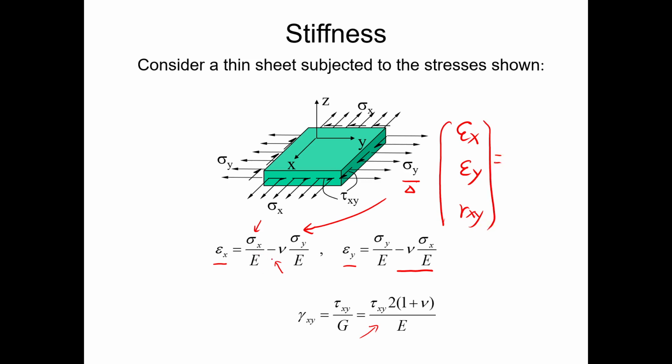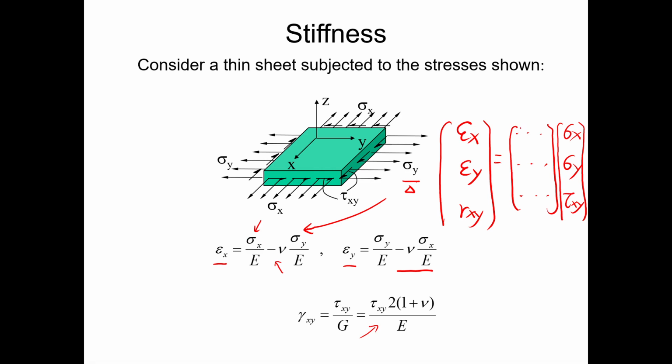And you can take out the common terms, sigma x, sigma y, and tau xy. You put them in the other part. And then you just need to find out the missing term in this matrix. Okay, the 3 by 3 matrix. Essentially, you will find out.